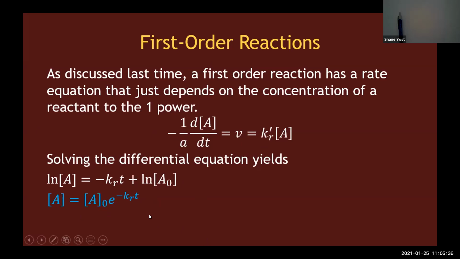I just defined this kr as A times kr prime, just to give these equations in a familiar form. This is the form that you typically have seen in general chemistry or other types of chemistry, where the stoichiometric coefficients don't appear. But the stoichiometric coefficient does matter.